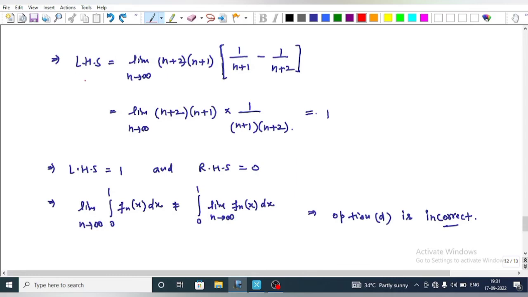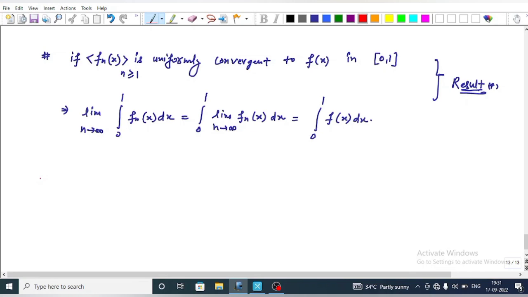This implies that the left hand side is equal to limit n tends to infinity (n plus 2) into (n plus 1) bracket 1 upon n plus 1 minus 1 upon n plus 2. Further, after simplification, this is limit n tends to infinity (n plus 2) into (n plus 1) into 1 upon (n plus 1) into (n plus 2). This cancels with this. This implies that 1. This implies that the left hand side is equal to 1 and the right hand side is equal to 0. So this implies that option D is incorrect.